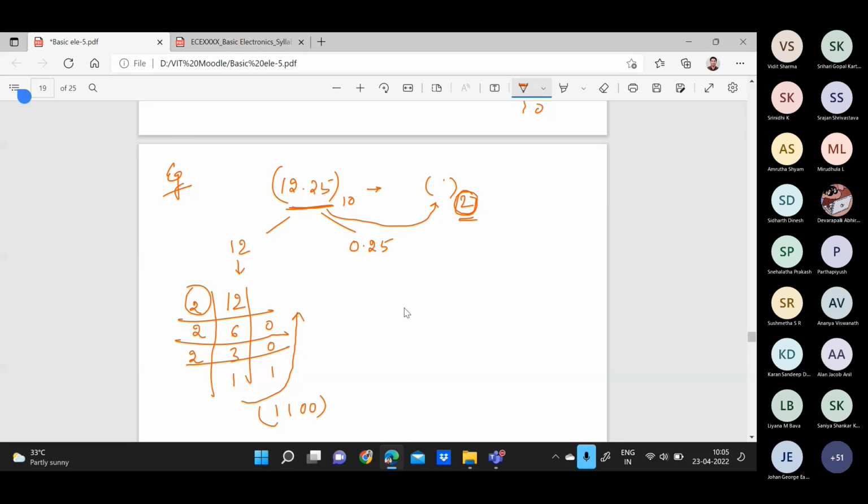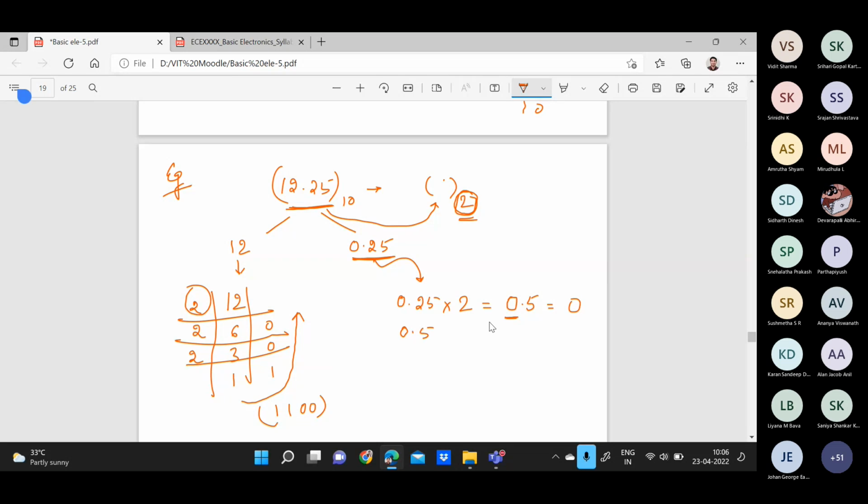Now you tell me for this one, that is 0.25. This is the integer, this is the decimal number. For this, what you have to do is multiply by 2. So what you will get here? 0.5. Yes. So what you have to note down is 0. Again you multiply 0.5 by 2, because it's less than 1.